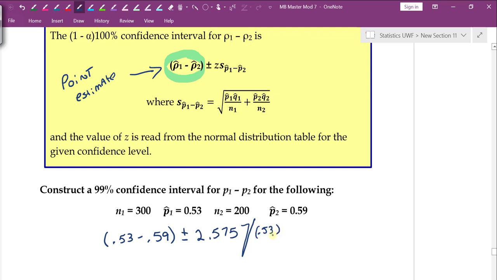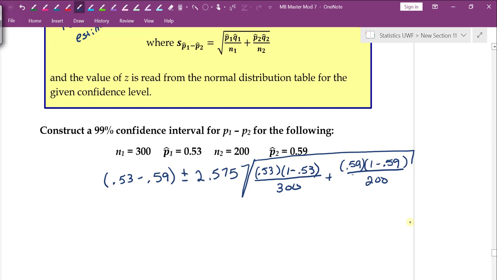Remember, Q hat 1 is nothing but 1 minus 0.53. In other words, P hat sub 1 divided by my sample size of 300. We're going to add to that 0.59, that's my P hat 2, multiplied by Q hat 2, which is 1 minus P hat 2, divided by my sample size, which is 200. And all of that's underneath the radical.